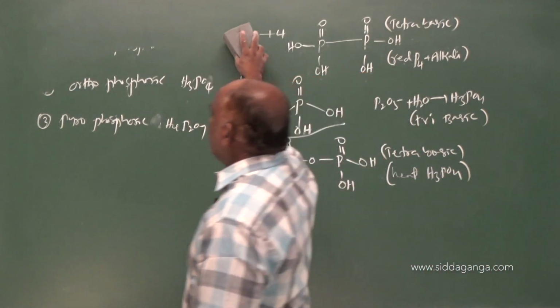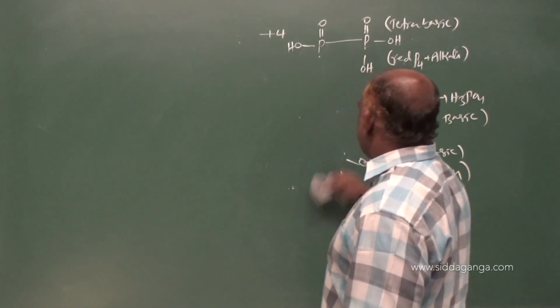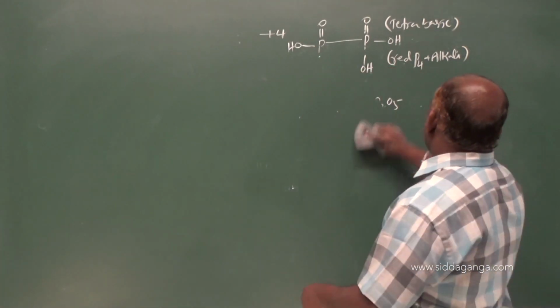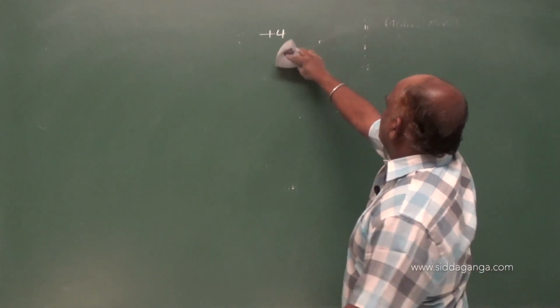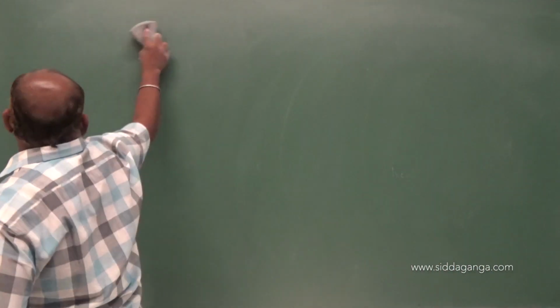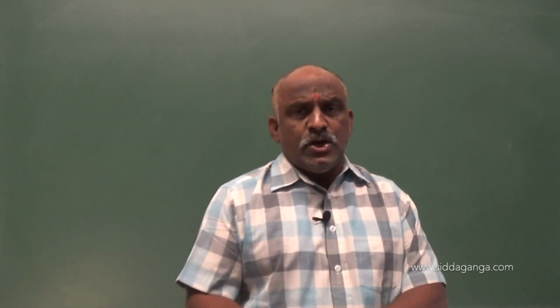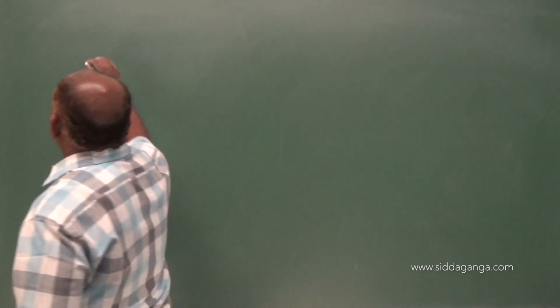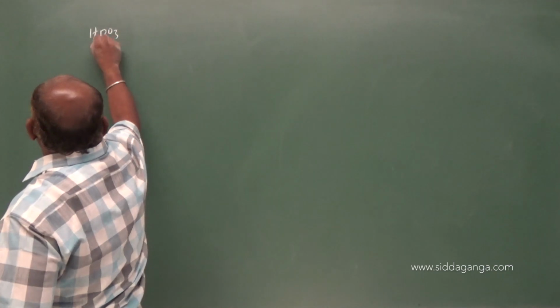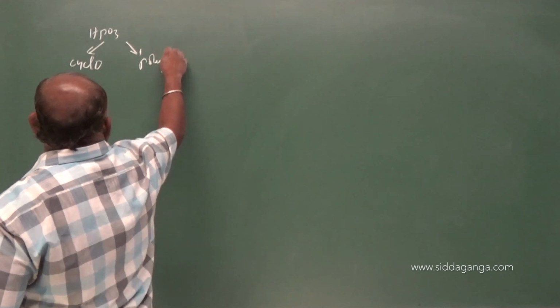Metaphosphoric acid does not exist in monomeric form, it is available in polymeric forms, that is cyclometaphosphoric and polymetaphosphoric. HPO3 is available in two forms. One is cyclometaphosphoric, second one is polymetaphosphoric.